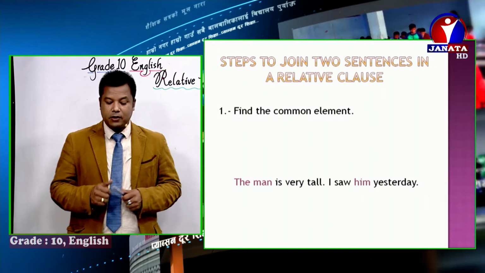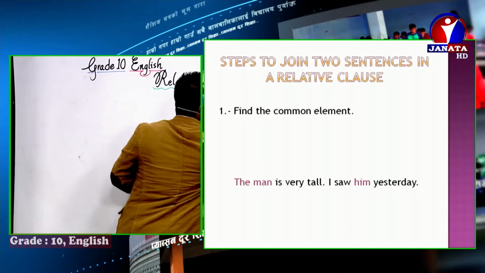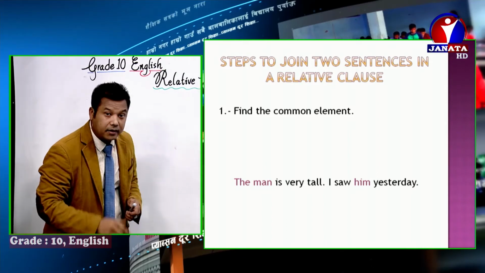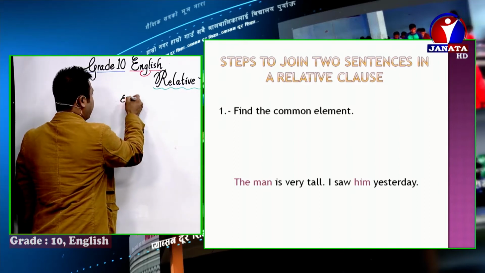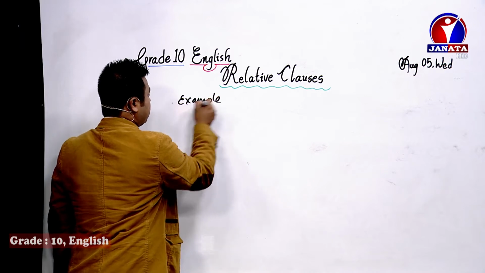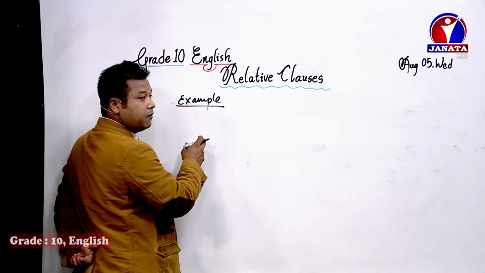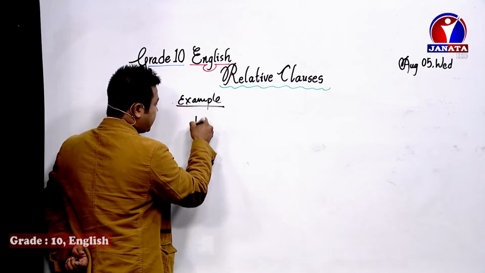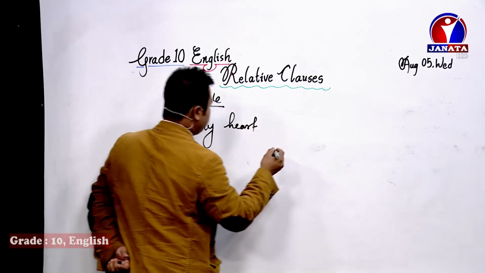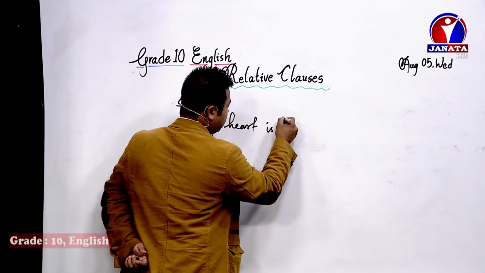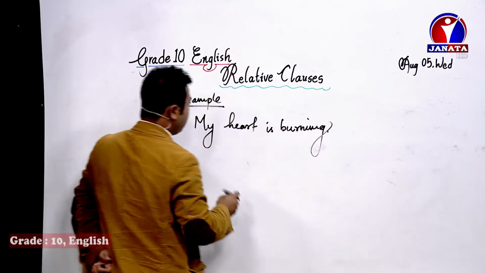Now here are steps to join two sentences in a relative clause. But before we take these steps, I would like to show you some elements which are essential in understanding clauses. Here we have one example, and then we'll go to the slide. I write two individual sentences here. The first sentence is: my heart is burning.